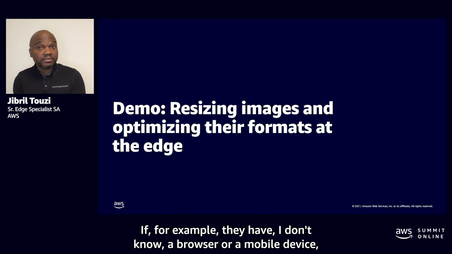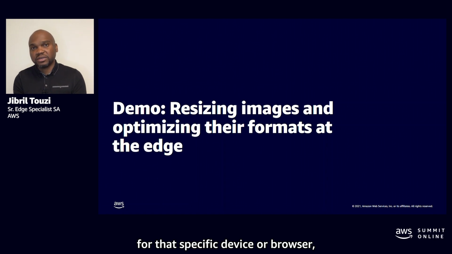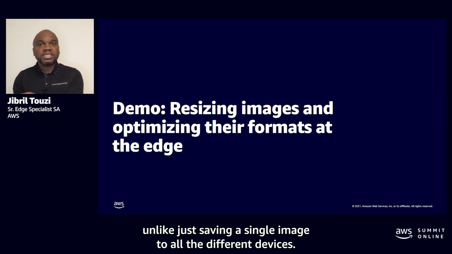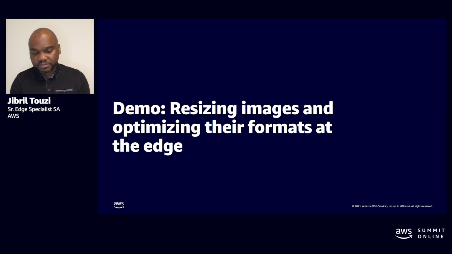If, for example, they have a browser or a mobile device, we serve an image exactly the size that is needed for that specific device or browser, unlike just saving a single image for all the different devices.